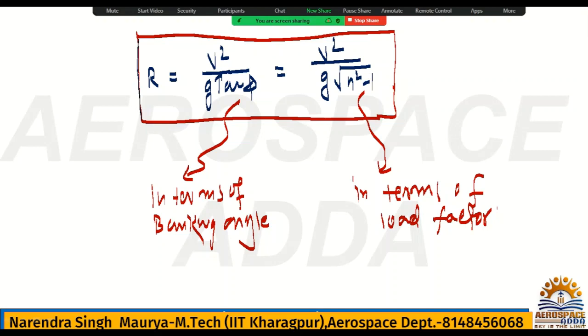This is very special for GATE. Questions alternate: sometimes they ask in terms of banking angle, sometimes in terms of load factor. This is a very special formula. Hope you understood this. Yes or no? Fine. This should be very clear.